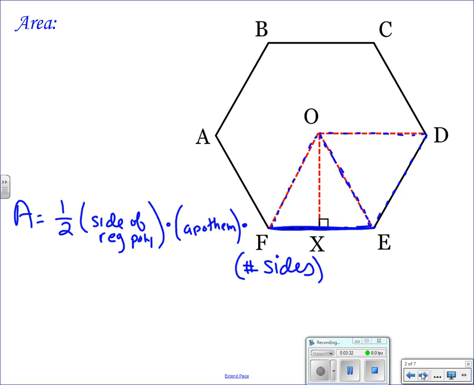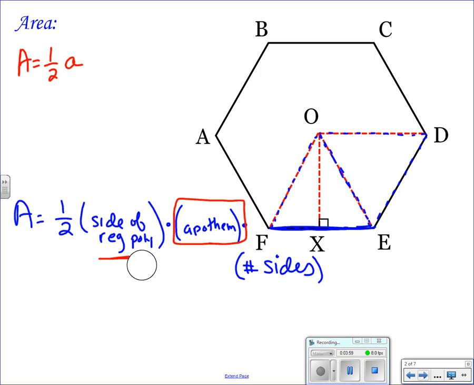So area of our regular polygon is 1/2 the apothem. Typically, we just write that as a, so a is going to stand for apothem. If you're just writing stuff down and not paying attention to what I'm saying, you're not going to know what a means. a stands for the length of the apothem.